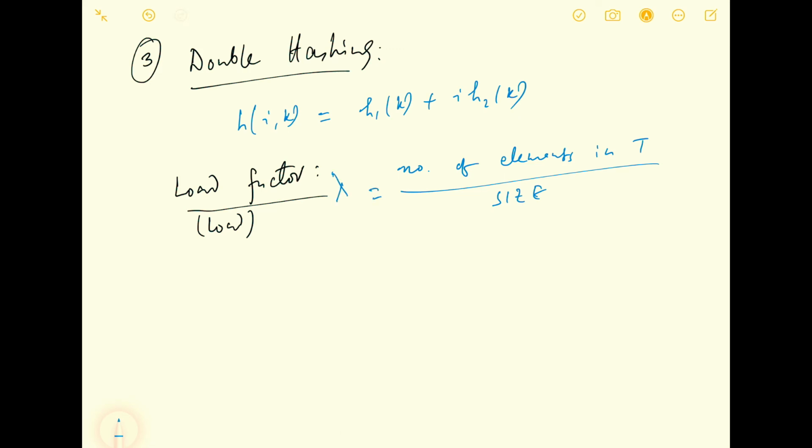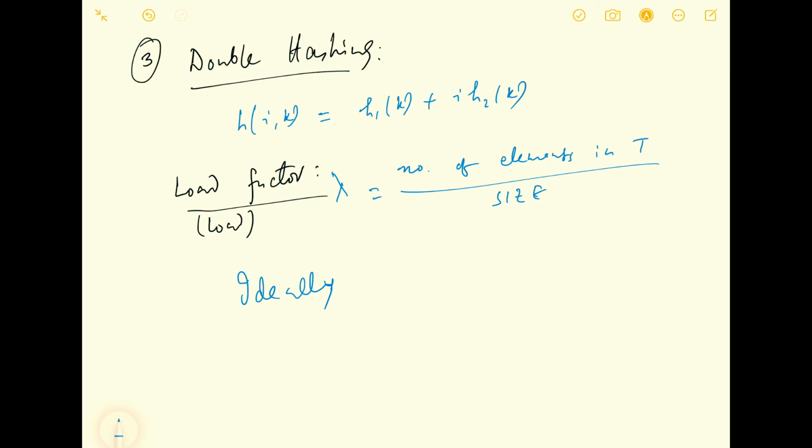Now typically this lambda value should be small, so ideally this hash table should not be too full. Otherwise it does not matter what you take, how good a hash function you take, or whether you are doing open addressing, open hashing or closed hashing.